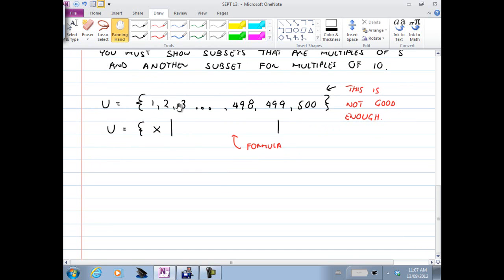Now, if I want to include all numbers from 1 to 500, we're going to write down x can be any number less than or equal to 500, but it has to be greater than or equal to 1. Look at my formula. I'm saying x can be any number less than 500, but greater than 1. So right off the bat, I turn this into a formula.